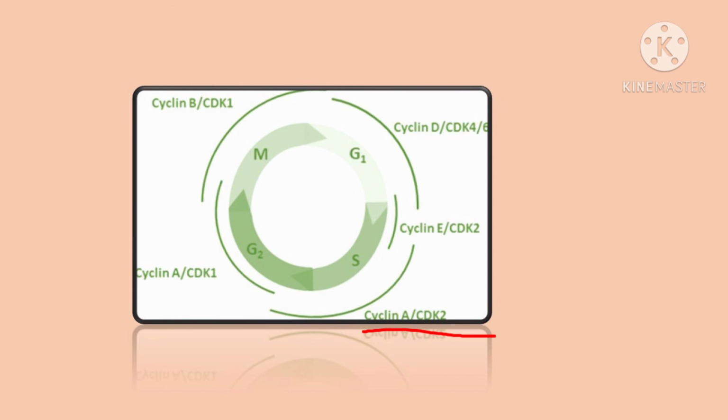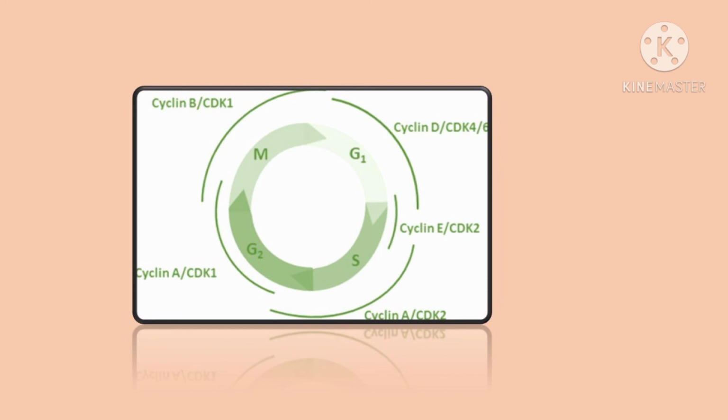The next one is the G2 phase, where the same cyclin A is present, but the CDK is changed. CDK1 is there in the G2 phase. Again in the M phase, it is changing to B type, that is cyclin B with CDK1. After that, in the G1 phase, you can see cyclin D along with CDK4 or 6.